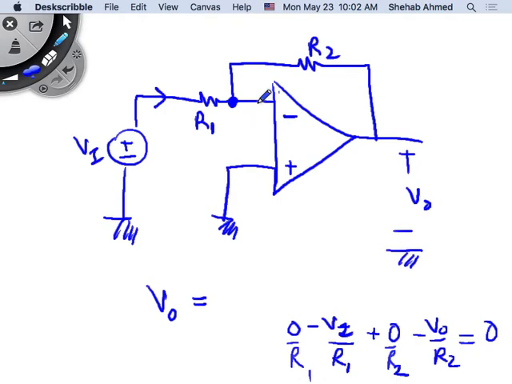But you cannot do it unless you agree that there is a virtual short circuit here, and this virtual short circuit came from the concept that we added this feedback. Everything we're going to do next comes from our understanding that the voltage difference here is 0, and the current through here is 0, and the current through here is 0.